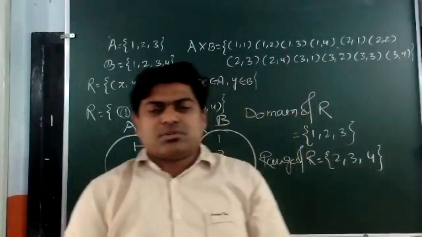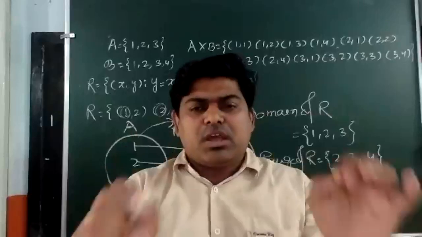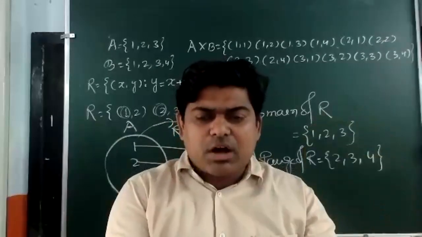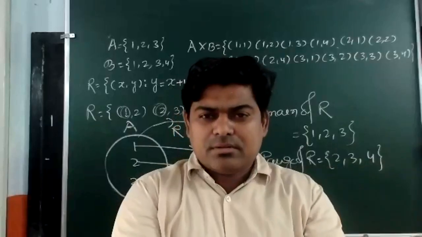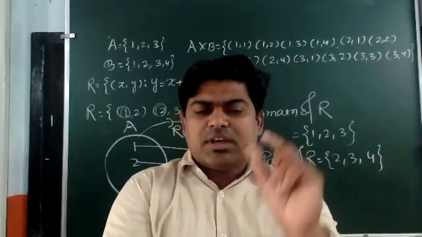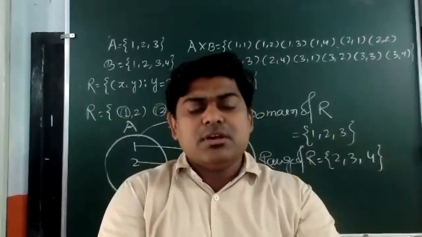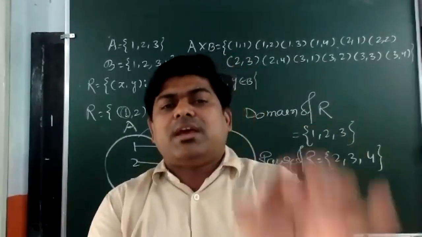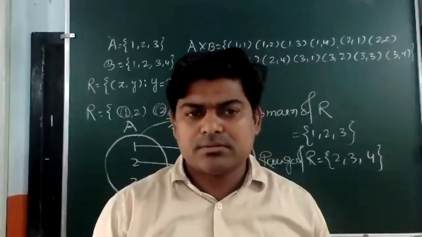Because in the last class it was discussed about the Cartesian product. The number of elements in A cross B is equal to the number of elements in A into the number of elements in B. And it was written, if there are m elements in A and n elements in B, so m into n elements will be there in A cross B. Am I correct?